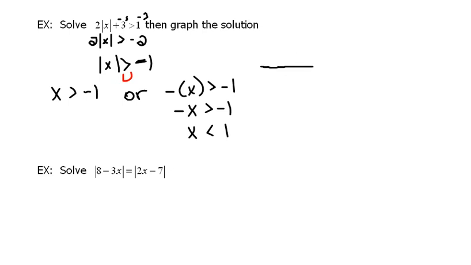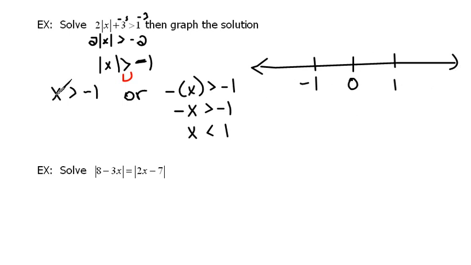Now let's look at this on a number line to see why it's such an interesting situation. Here we have 0, negative 1 would be over here and positive 1 over here. Because we're going to be joining these things together, or unioning them, we can just put them on the same graph because we don't have to intersect them. Intersecting you really need to do separately and then look at where they meet. But for a union, you can just do them on the same exact line because you're going to be bringing them together anyway.